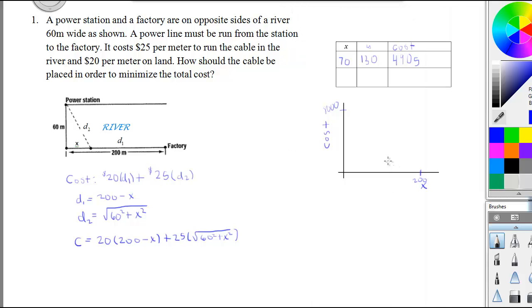So I have a graph that looks about like this, and 80, comma 4,900, and remember that that is the distance x and the cost of $4,900.